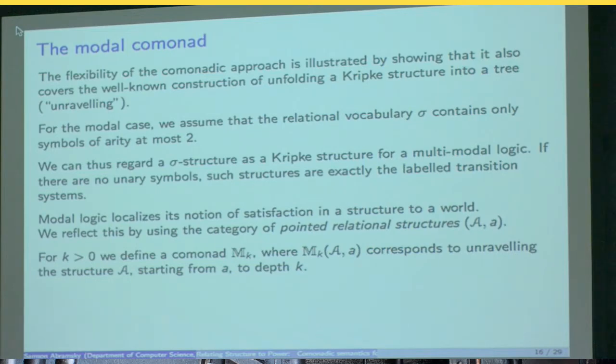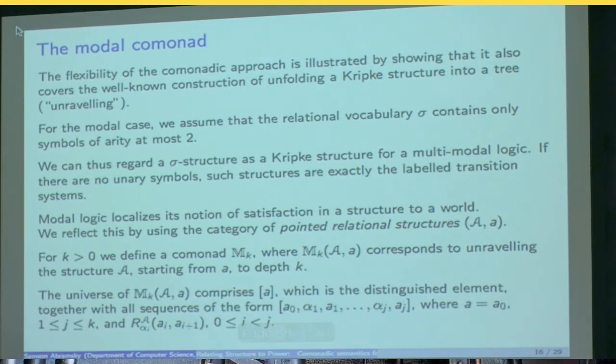A model theorist would say we expand our signature with an extra constant, but it's useful. We like pointed categories and the like. So we can define a modal comonad, which corresponds to unraveling the structure A starting from the given element of its universe up to a given depth. Again, that's what this resource parameter is doing.